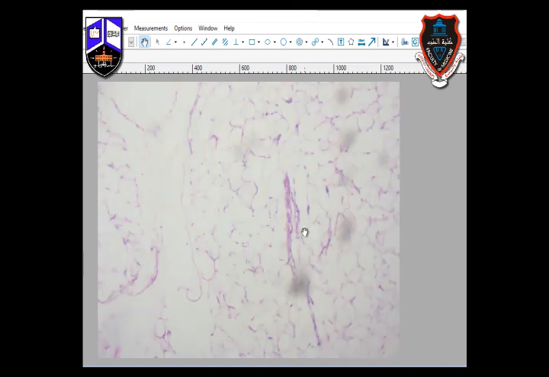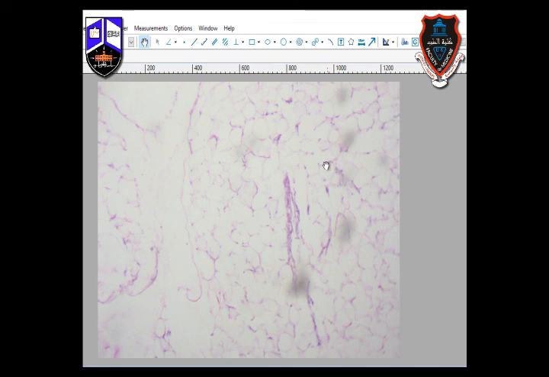Using the medium power field, we can see that this is a white unilocular connective tissue with a signet ring appearance. These are the cells.